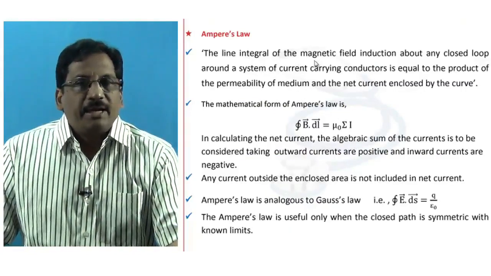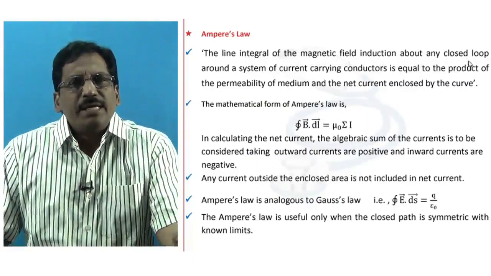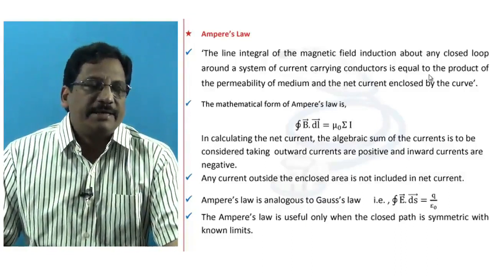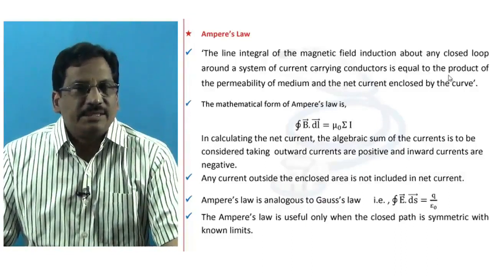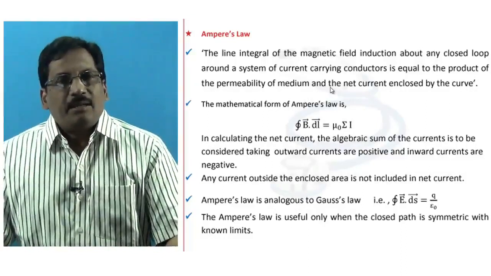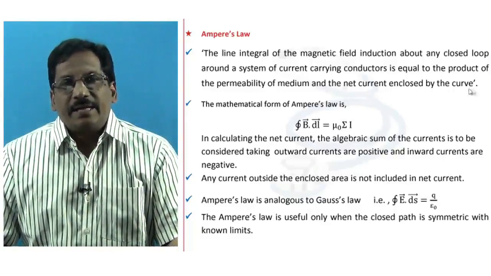The line integral of the magnetic field induction about any closed loop around a system of current carrying conductors is equal to the product of the permeability of the medium and the net current enclosed by the curve.